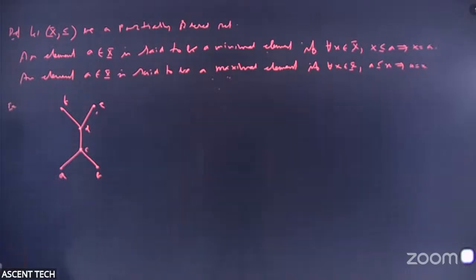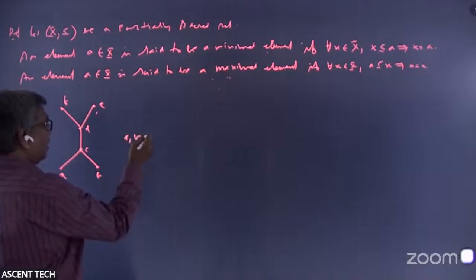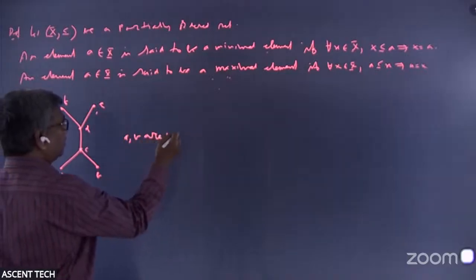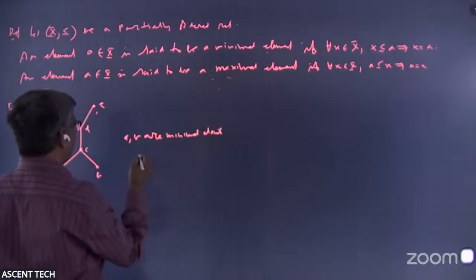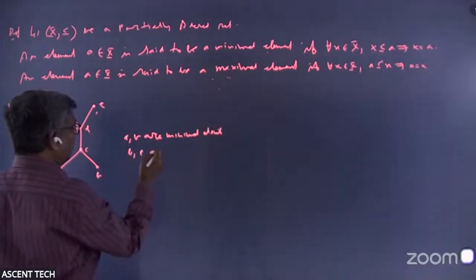A quantity is less than or equal to another if the level at which it is, is below the level of the other one. In that sense, you see that A, B are minimal elements. B, E are maximal elements.